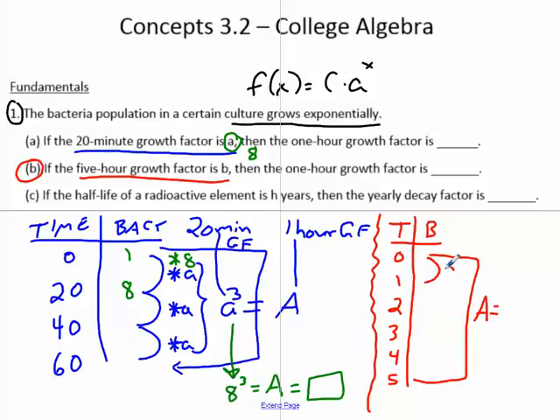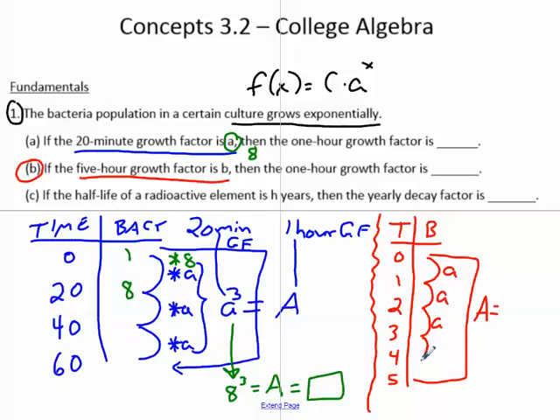We've got to find out what our multiplier is, what our growth factor small a is, that took us from 0 to 1. So from 0 to 1, I multiplied by small a. From 1 hour to 2 hours, the number of bacteria multiplied by, again, small a. From 2 to 3, multiplied by small a.